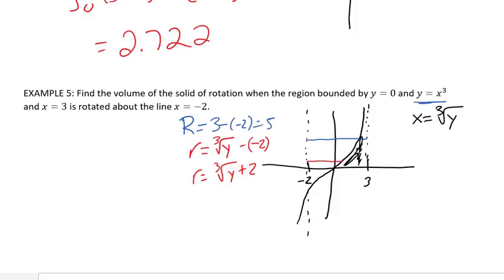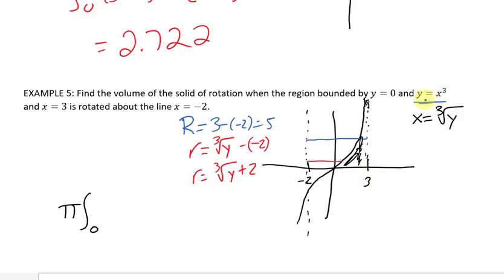So now we can write our integral. It's pi times the integral from 0, because we start here and it goes up to where this curve is going to meet with the x equals 3 line. Well, since x is 3, y is going to be 3 cubed, which is 27.